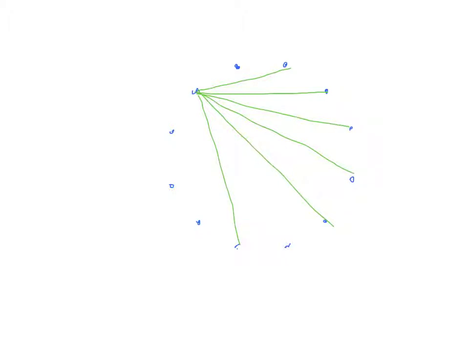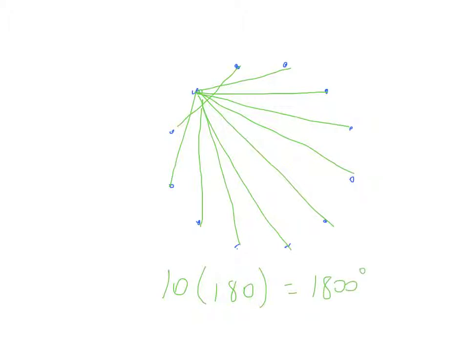So 1, 2, 3, 4, 5, 6, 7, 8, 9, and 10. So we can draw 10 triangles inside this dodecagon. So the sum of the interior angles is going to be 10 times 180, which is 1800 degrees.